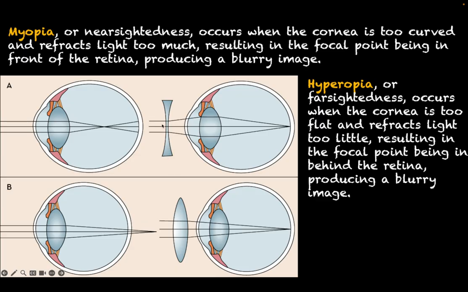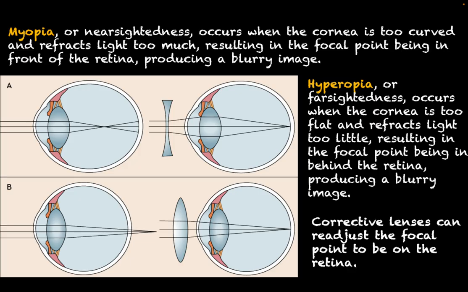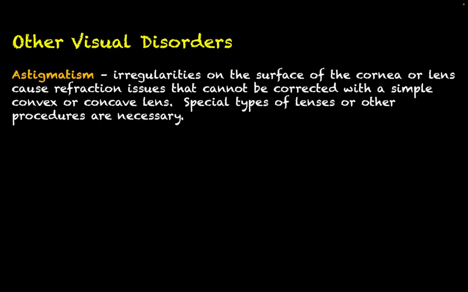What this extra lens will do is provide an extra layer of refraction, and that lens is crafted so that it corrects your focal point and pushes it back or pushes it forward to exactly where it's supposed to be. And that is the nature of how eyeglasses are meant to work and correct your vision. It is not a retinal problem, it is a refraction problem, it is a cornea problem. So corrective lenses can readjust that focal point so that it is right on top of the retina.